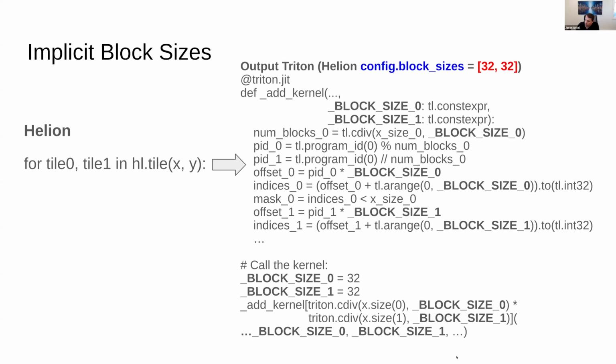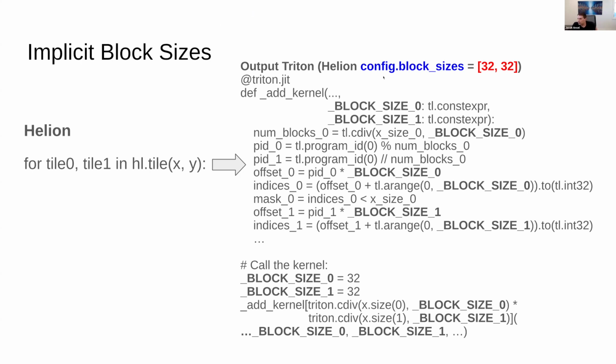At the bottom here, you can see that the kernel is getting called, and you need to compute the grid size based on the block sizes. Then you need to pass the block sizes into the kernel, and then within the kernel, you need to use the block size in a lot of ways. And so by making this block size definition implicit, you save all this boilerplate of threading the block sizes through your program, and it is all automatic.